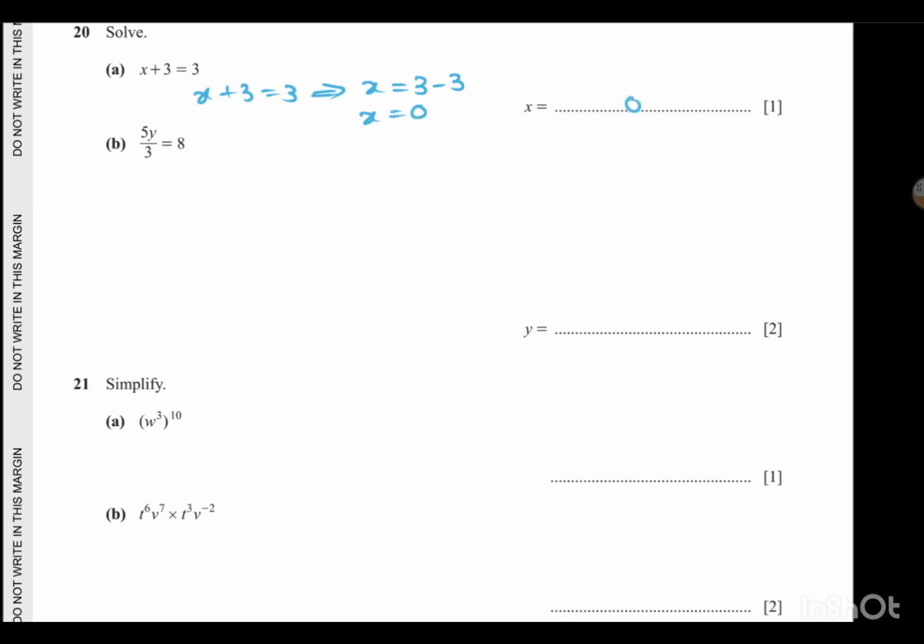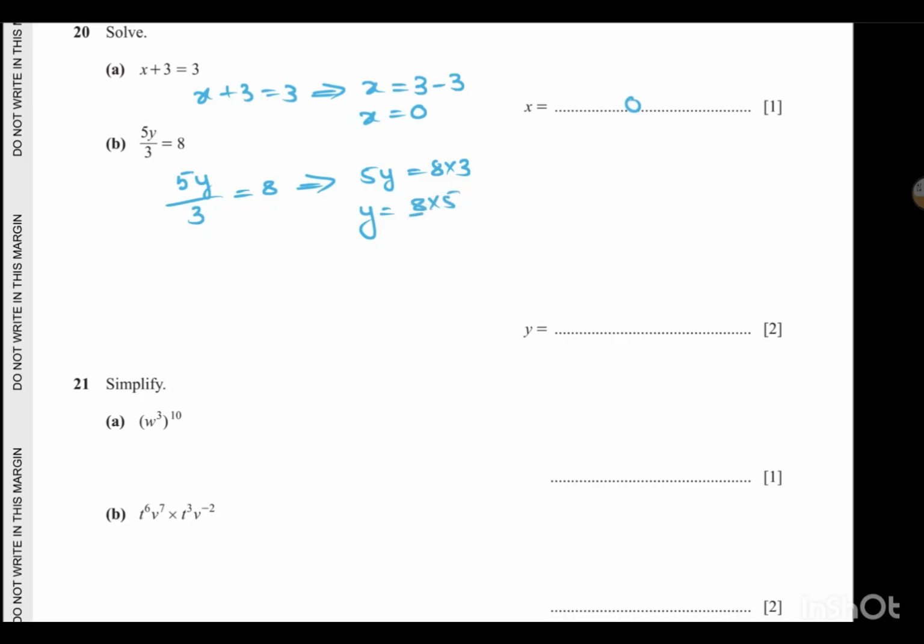Next, B, 5y by 3 is equal to 8. So here the denominator is 3, will bring it to the right hand side, it gets multiplied. So 5y is equal to 8 into 3. Y will be left onto left hand side and bring 5 onto the right hand side.